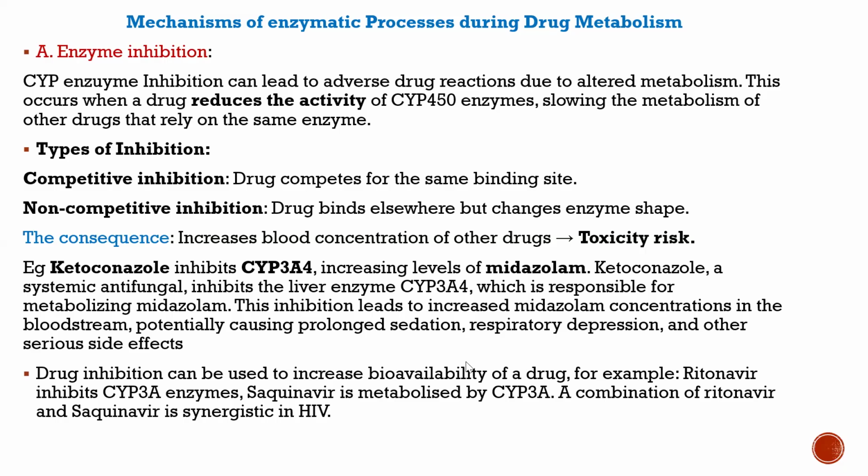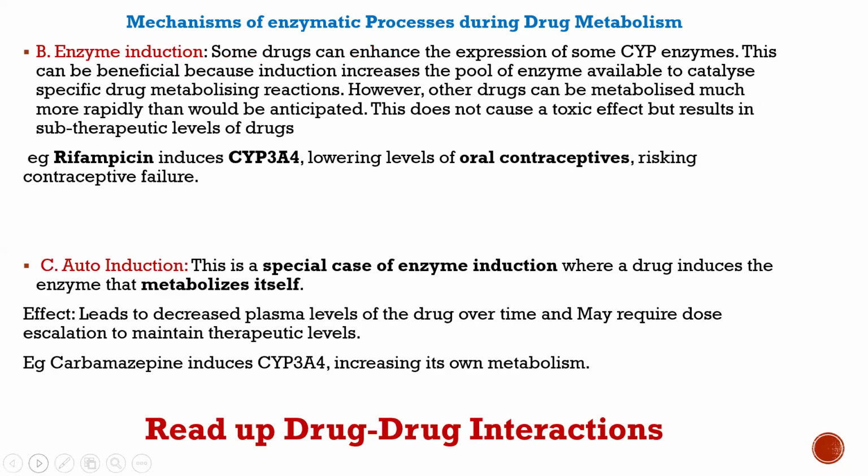If these two drugs are not given together, the second drug, saquinavir, will be metabolized by the cytochrome P3A, which will reduce the bioavailability of the drug, and then there will not be efficacy. But when the two drugs are given together, the ritonavir will inhibit this enzyme, and then saquinavir will not be metabolized, and they will produce a therapeutic effect. All right, hope you understand.